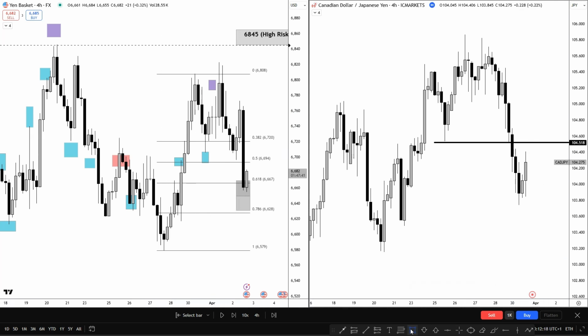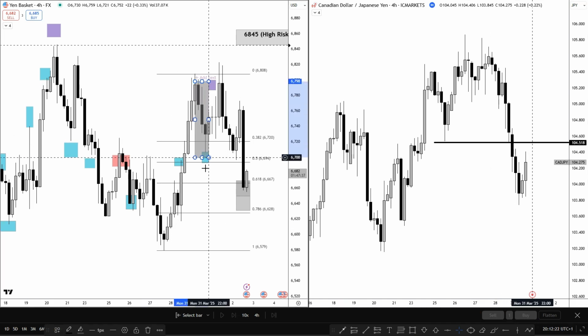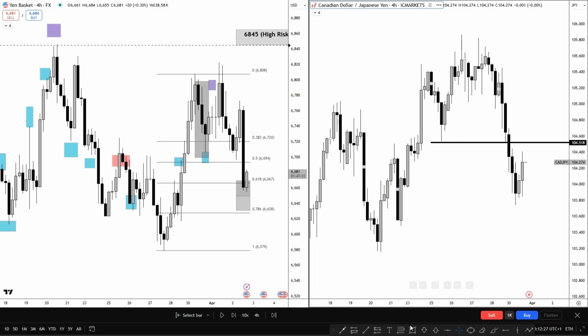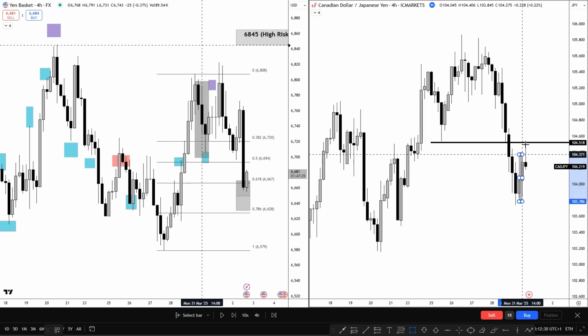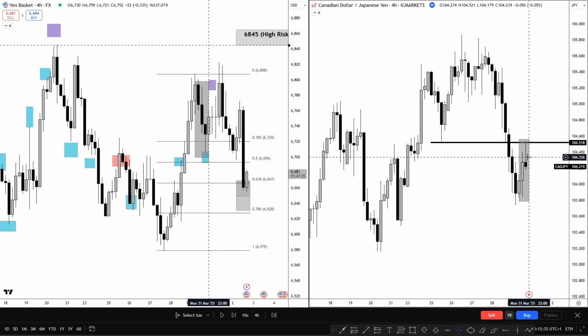On the left-hand side, there were 3 bearish candles which came down into my level. On the right-hand side, there were 3 bullish candles coming into my level, because this candle here was bullish.